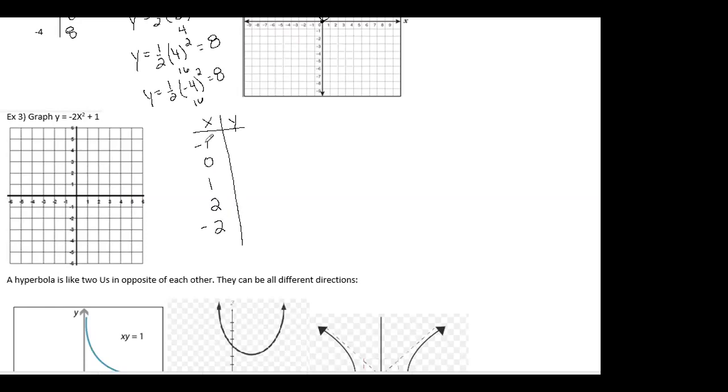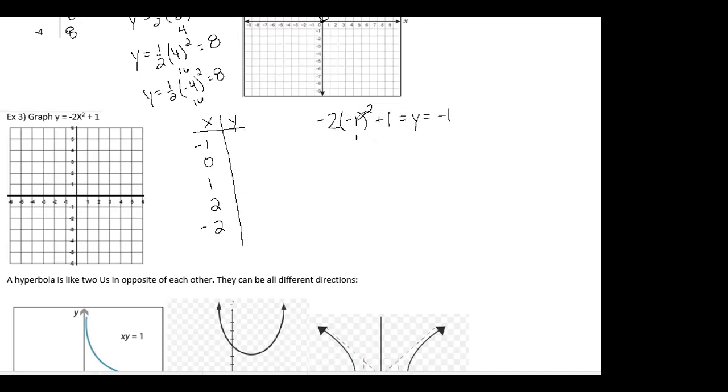Okay, so let's say we plug in -1. So our equation is -2x squared, so -2, we're going to plug in a -1 and square it, and then we're going to add 1. So that's what our y is going to be. So -1 squared is +1. +1 times -2 gives me a -2. -2 plus 1 is a -1.